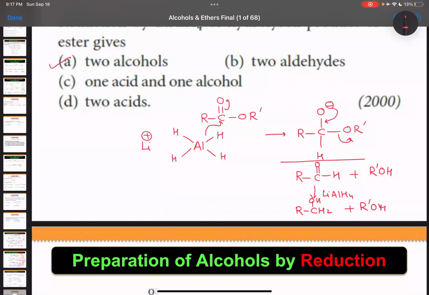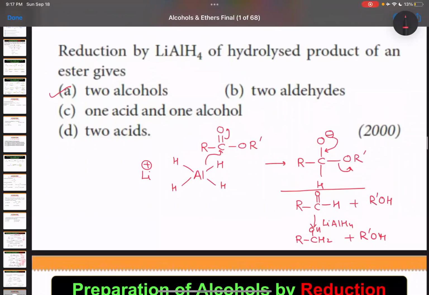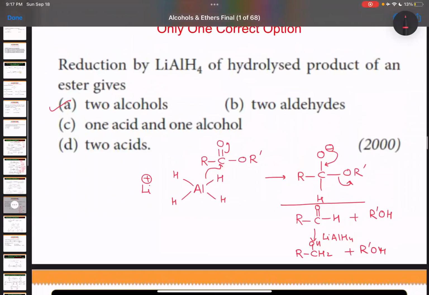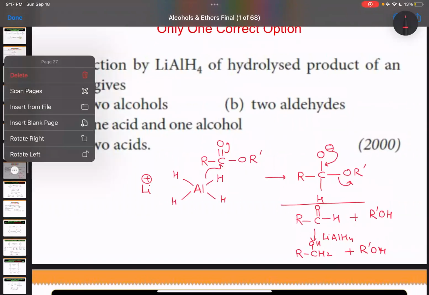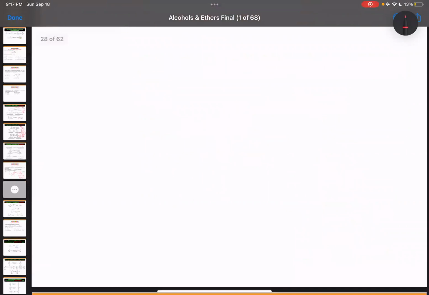But if you would have taken NaBH4, the reaction may not have occurred, because NaBH4 will reduce aldehydes and ketones only. Okay, so let me suppose this is cyclohexanol, right? So what will be the products for these?